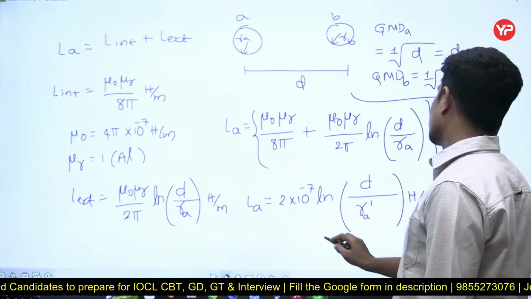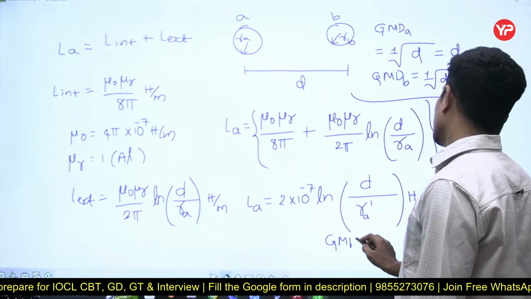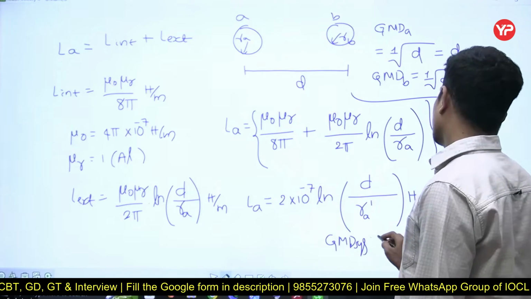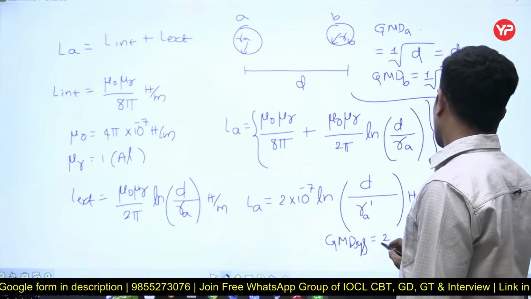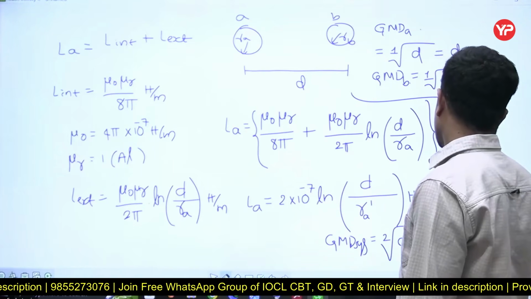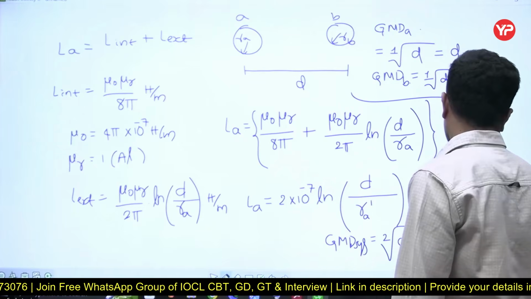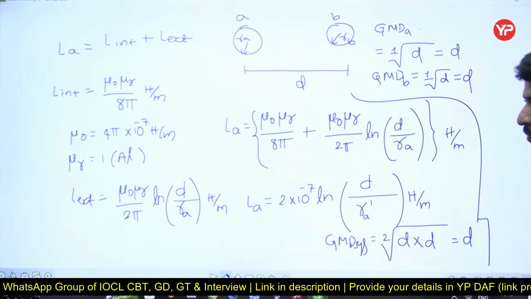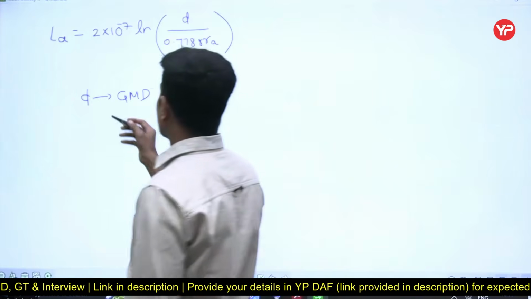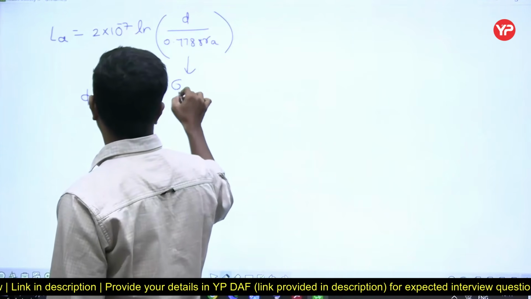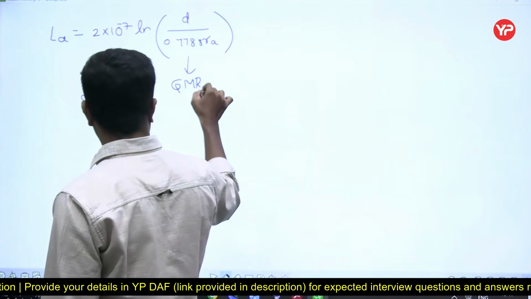So what is GMD of system? GMD of system is equal to, 2 GMDs are there, that's why square root of GMD A into GMD B, that is equal to D. That is equal to what? D. So this is going to be GMR of conductor A.